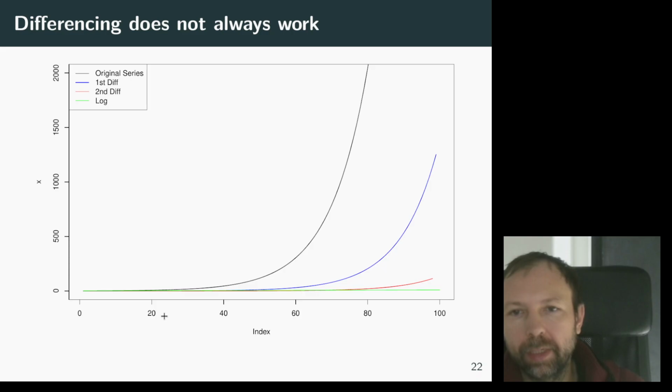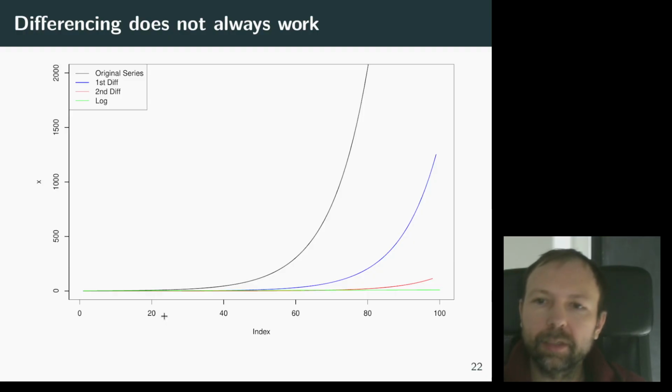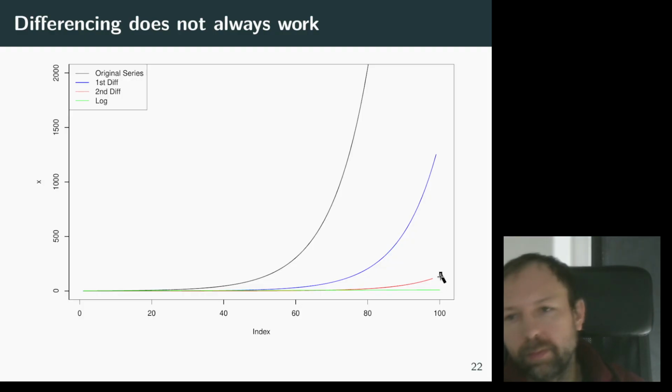So if you difference an exponential trend, it stays an exponential trend, right? So in this example, the black line is our original data. We do a first difference, still exponential, do a second difference, still exponential. And then if we do a log, it's not exponential anymore. But here differencing is certainly not making your data stationary.